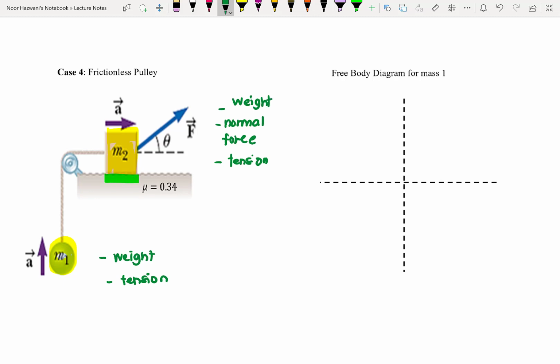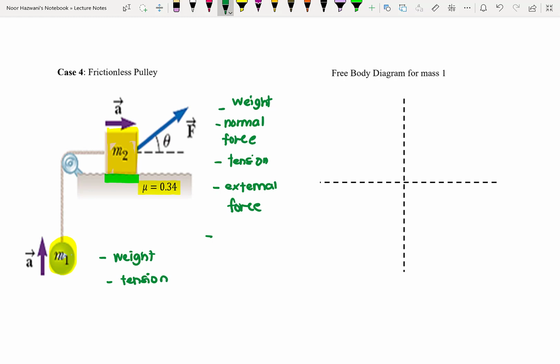And then you can see from the blue arrow here, M2 is being pulled by vector F or external force. So we have external force. And the last one, since it gives us the coefficient of friction, therefore it tells us that there is frictional force.